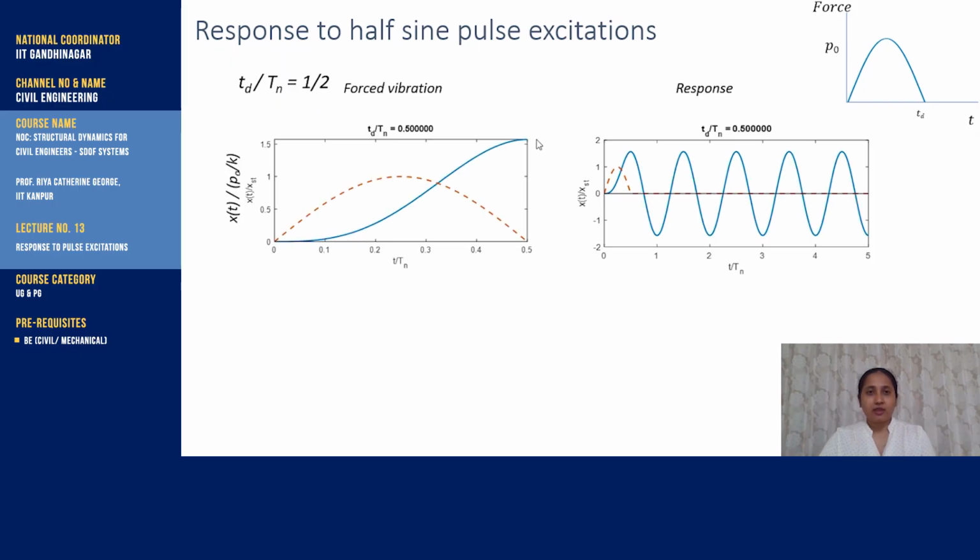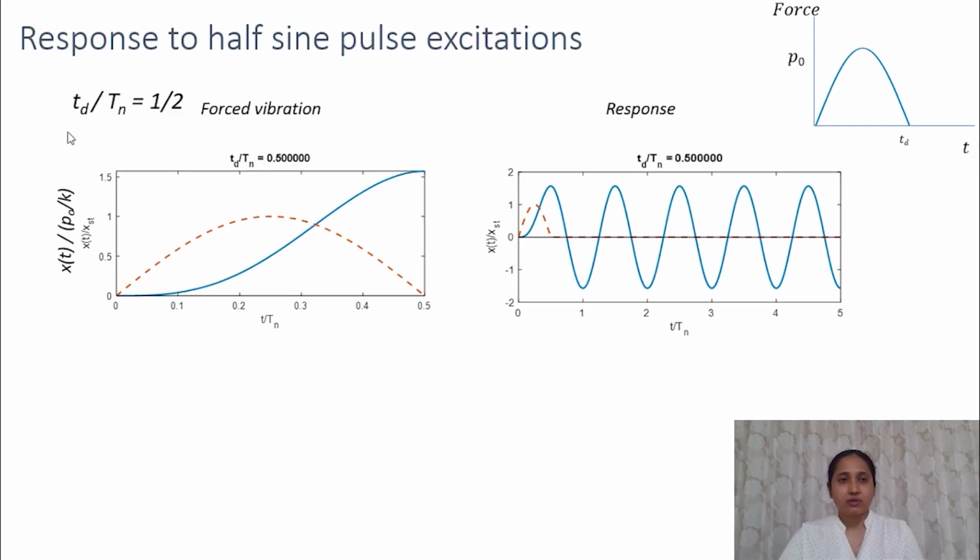As in the case of the rectangular pulse, as the duration of the pulse increases, the dynamic response also increases, and it reaches a maximum when the pulse is ending. After that, the free vibration starts. Here the velocity is 0 but the displacement is maximum, so the free vibration starts with the same amplitude and continues with the same amplitude.